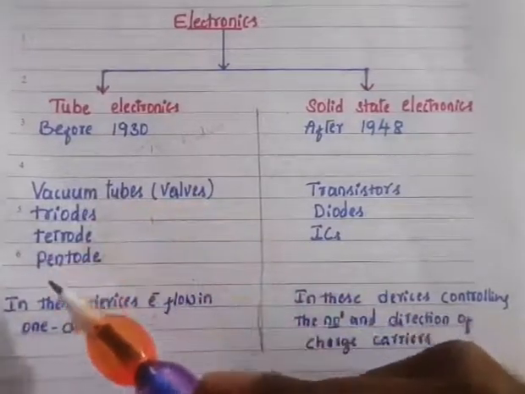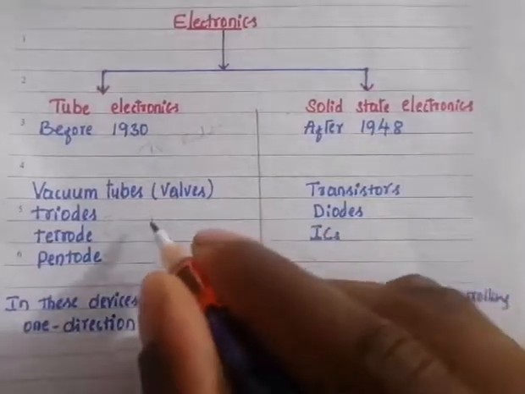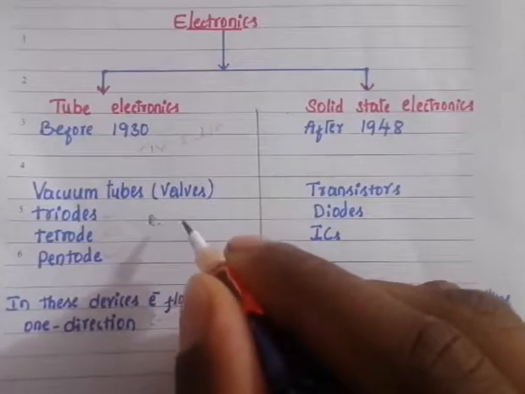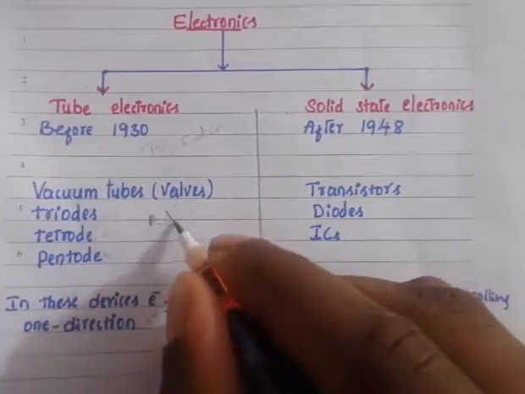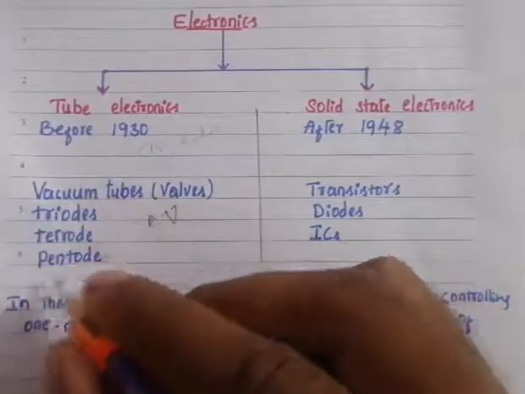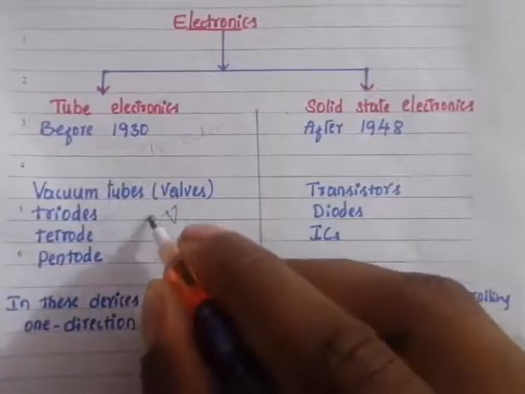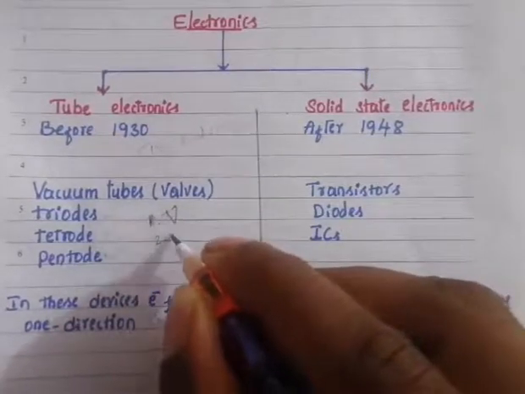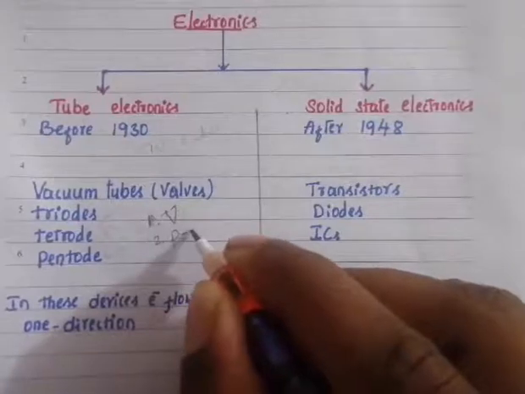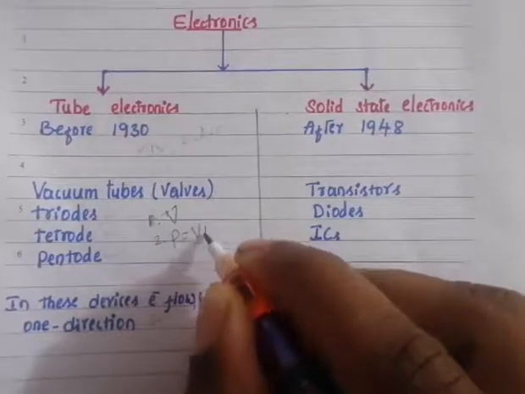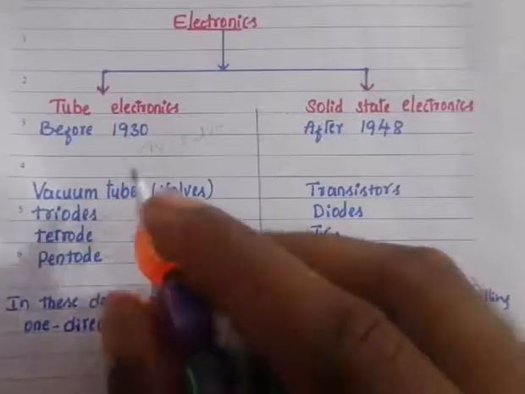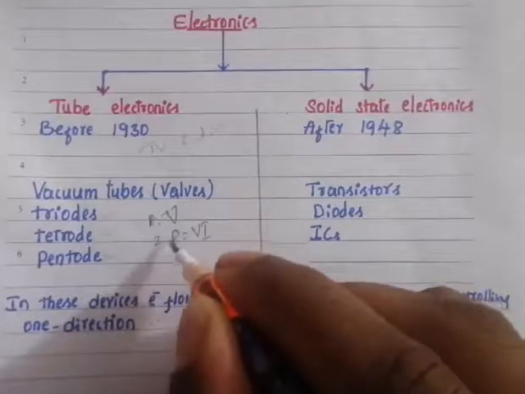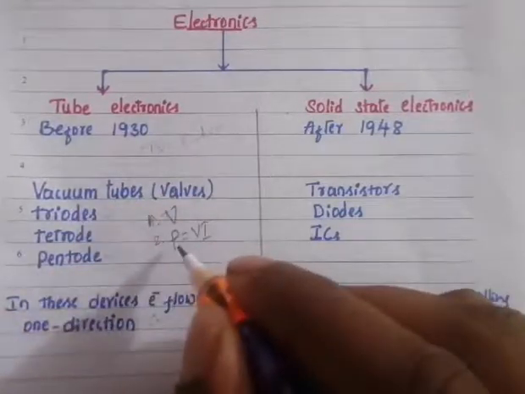So these devices have certain limitations. What are the limitations? First one is that these devices operate at high voltage. Second, they require high power; as voltage increases, power also increases, therefore these devices consume high power.